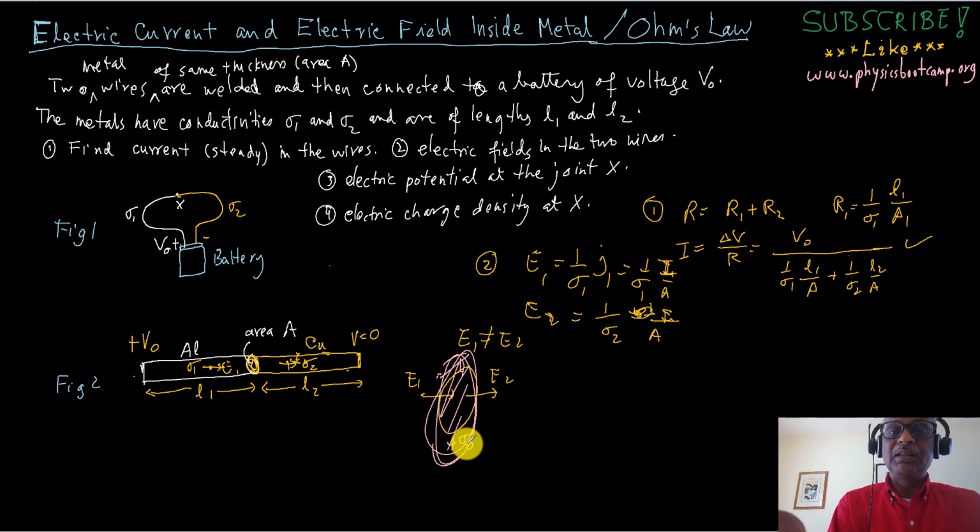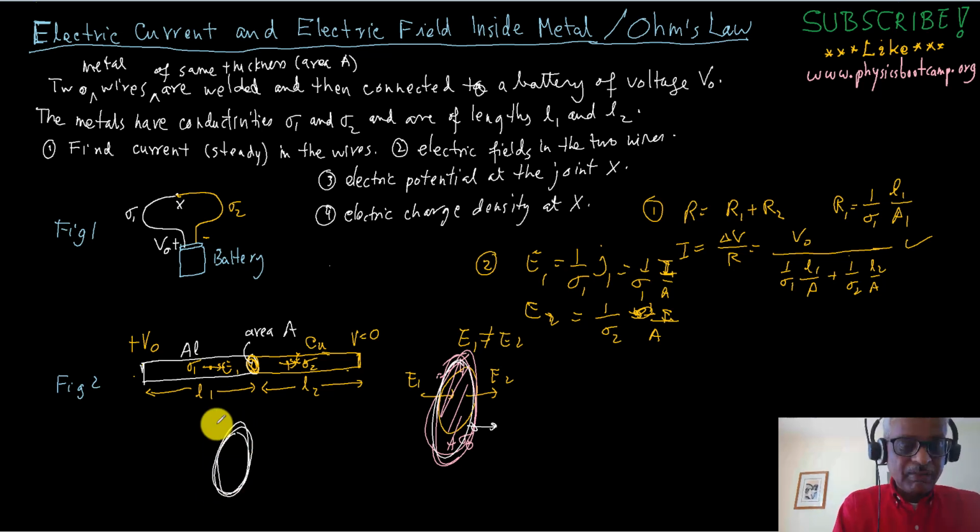This comes from an idea you might have used before: a very large sheet of charge with charge density sigma 0, and you know the electric field over here and over there.